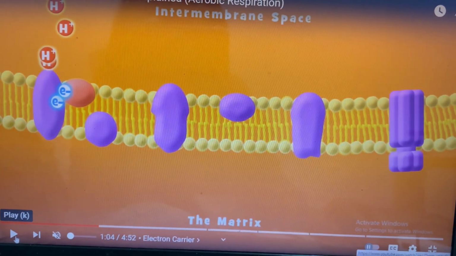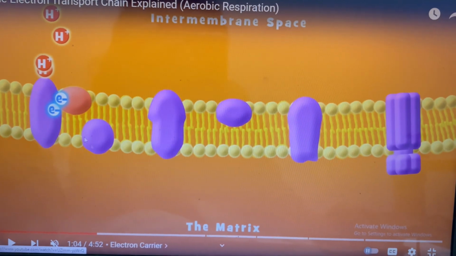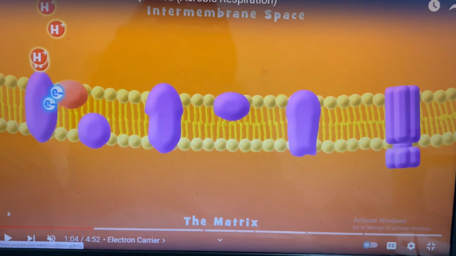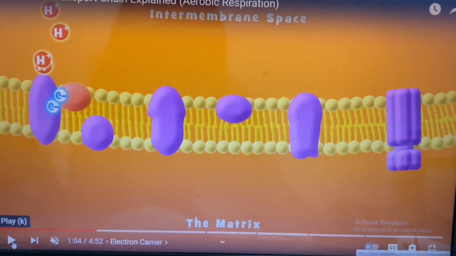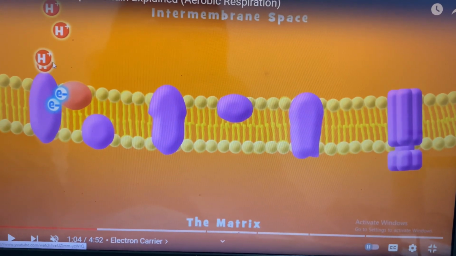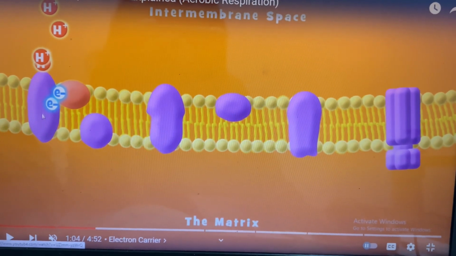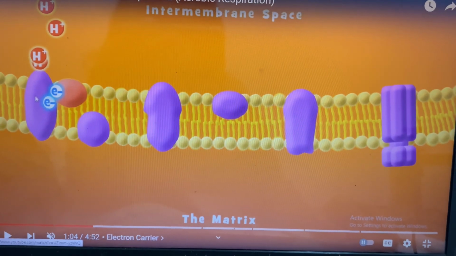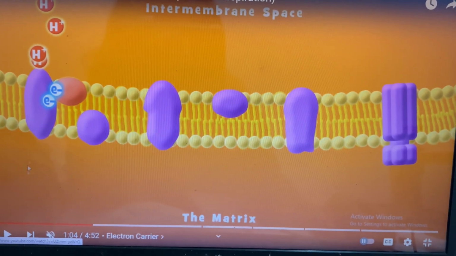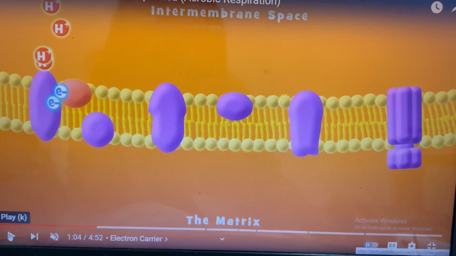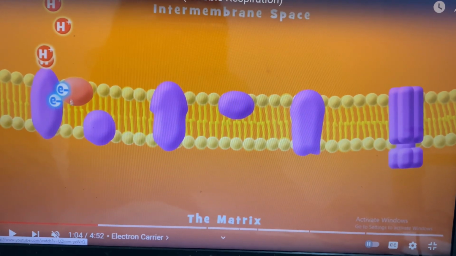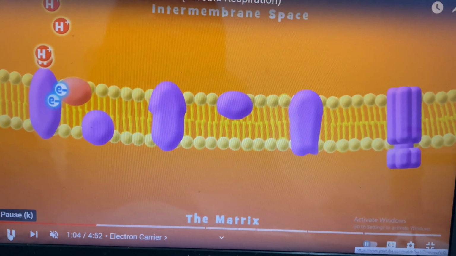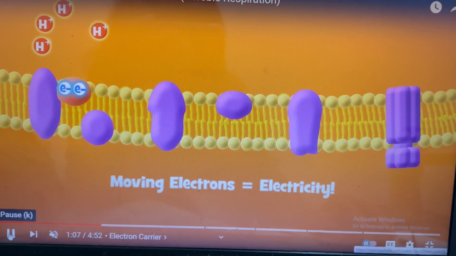So you see, now the protons have been pumped from the matrix into the intermembrane space. And then the electrons, after their job gets done, are given off to ubiquinone. So ubiquinone, being mobile in nature, takes away the electrons, all right?